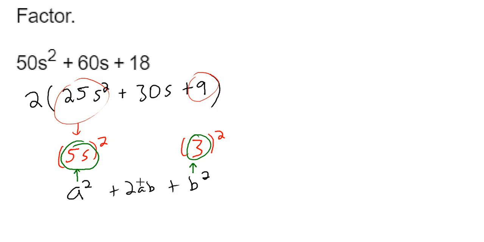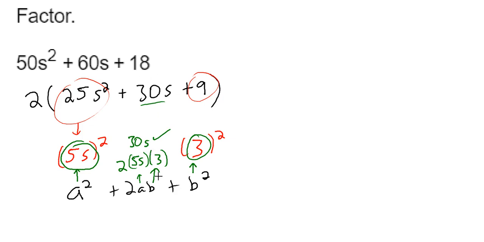So I take whatever's playing the role of a, which is 5s, times whatever's playing the role of b, which is 3, times 2. So I'm checking to see if this middle term, when I plug those things in for a and b, will match up with the middle term in my problem, which is 30s. And it does, right? I get 2 times 5, which is 10, times 3, which will be 30, and then the s just gets copied over. And so I get 30s from that, which matches up to the 30s I was given in my problem.